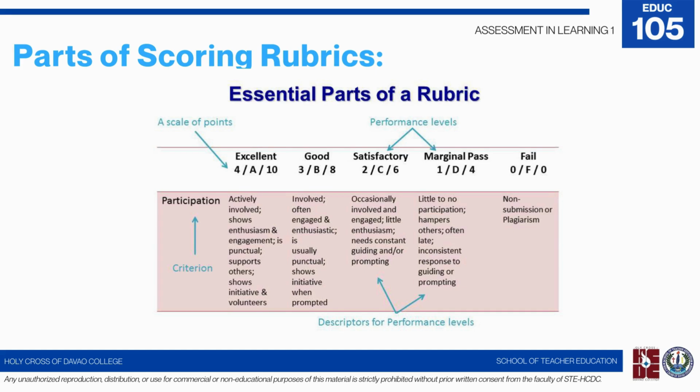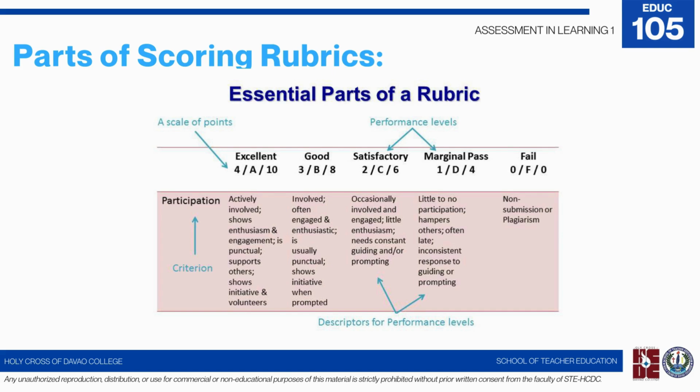You can see here participation as one of the criteria, and we have the performance level. So the participation can be rated as excellent, good, satisfactory, marginal pass, or fail. And there are different levels of performance. So the descriptors of level of performance should be independent from each other. In other words, we do not put a descriptor that is the same for excellent and for good output.